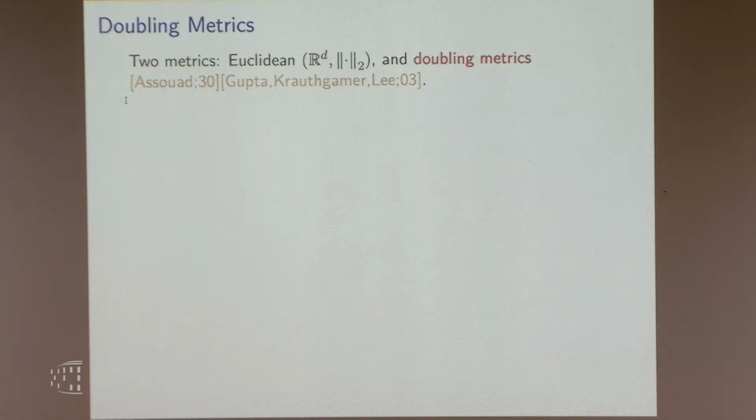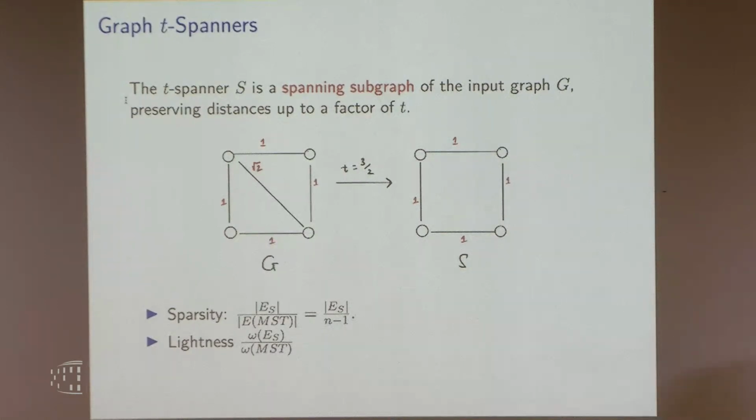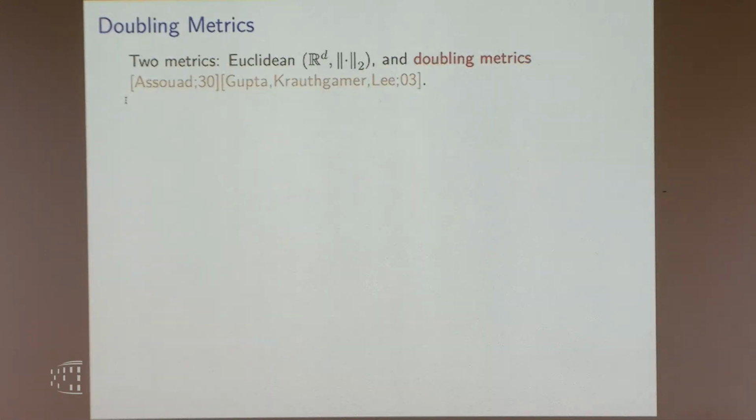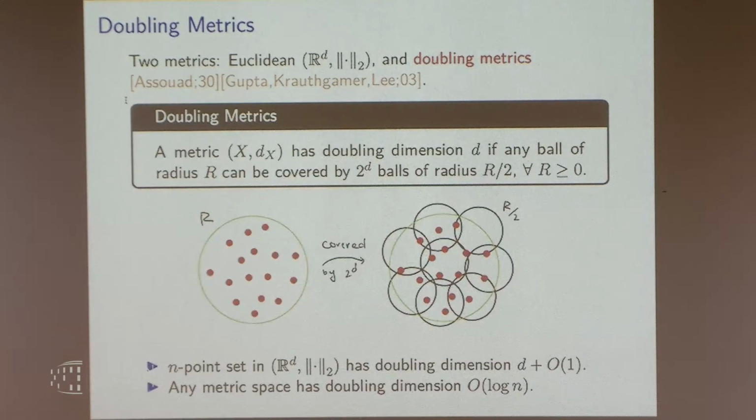Besides Euclidean metrics, which I probably don't have to introduce, there is something called doubling metric, but I don't know whether people know about it. How many of you know doubling metric? A few. Robert definitely is the person who introduced this notion. So what is a doubling metric? It is a metric where, if you look at any ball of radius r for any r, you can cover it by 2 to the power of d balls of radius r/2. If you can do this for every ball, then you say that the metric has doubling dimension d.